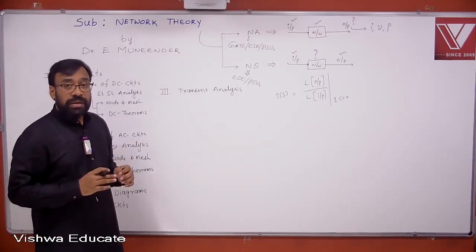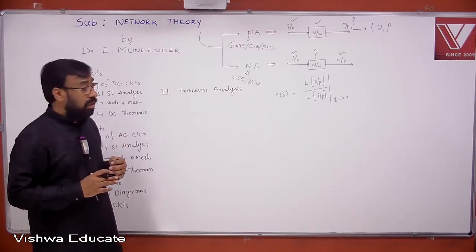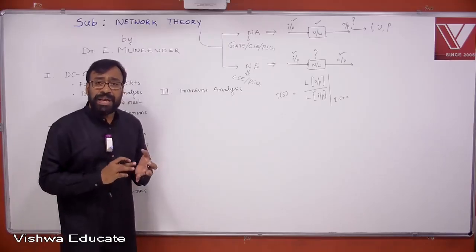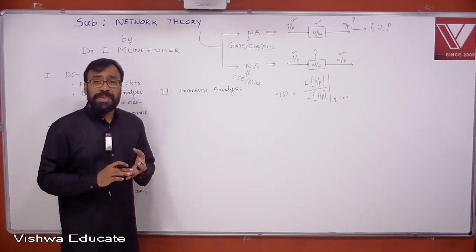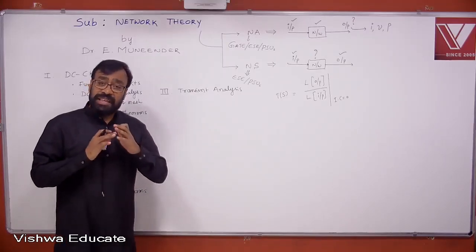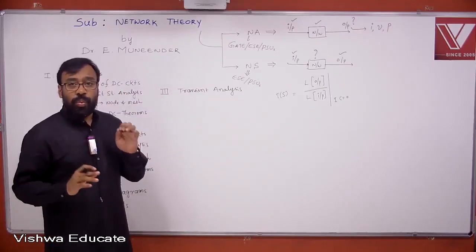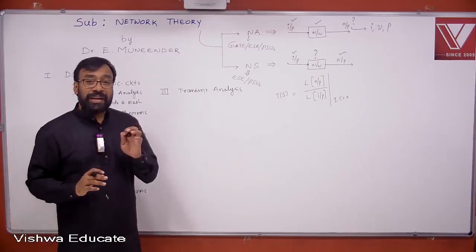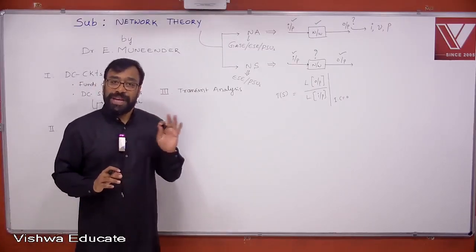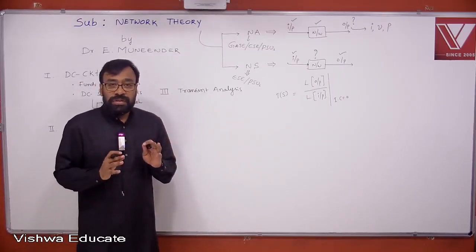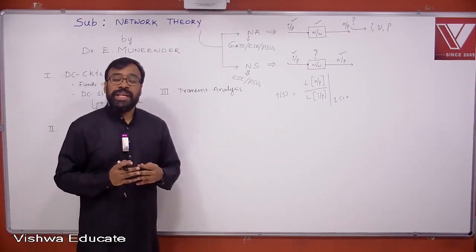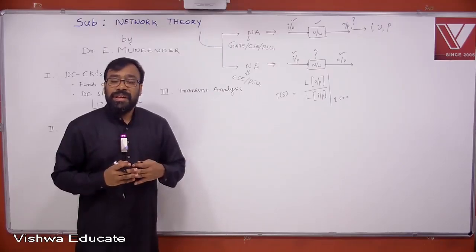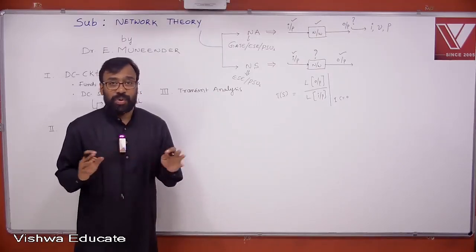But according to me, if you really want to become master in all these topics, or in the entire transient analysis, one should be expert in understanding the characteristics of inductors and capacitors. If you really understand the characteristics of inductors and capacitors, you can easily deal with transient analysis. You never face any problem.